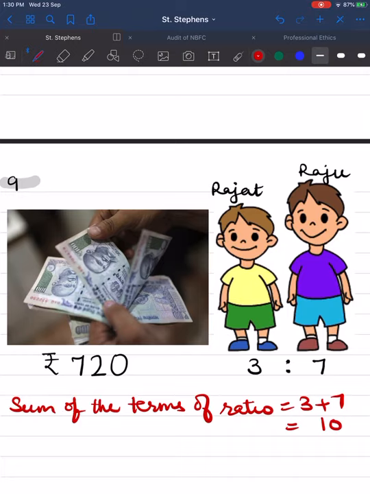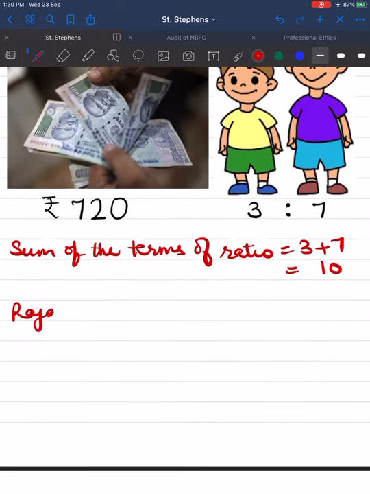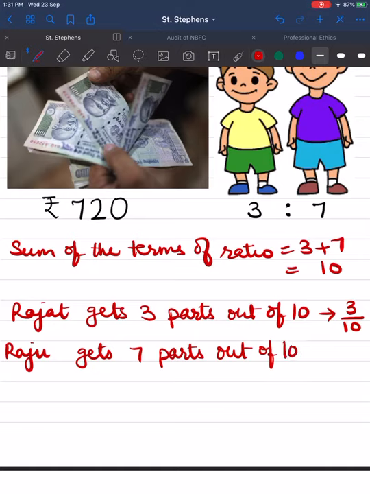Now this means Rajat gets 3 parts out of 10. So it implies 3 upon 10. Raju gets 7 parts out of 10. So this implies 7 upon 10.